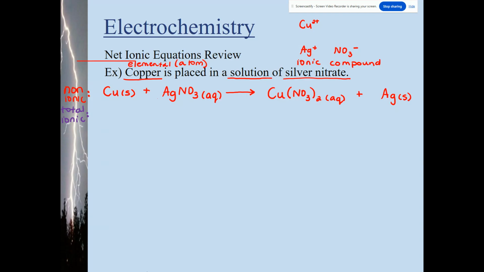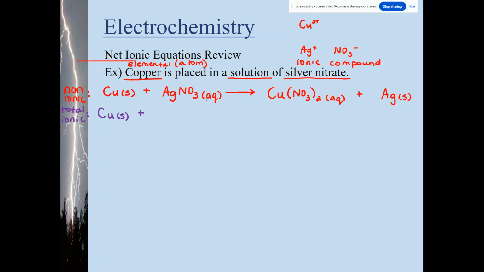So what I'm doing in a total ionic is showing what these species look like when they're dissolved in water, or if they're dissolved in water. Copper metal, metals, elements, they don't dissolve in water. They stay solid. In this case, copper metal stays a solid copper metal. However, my silver nitrate will dissolve in water.